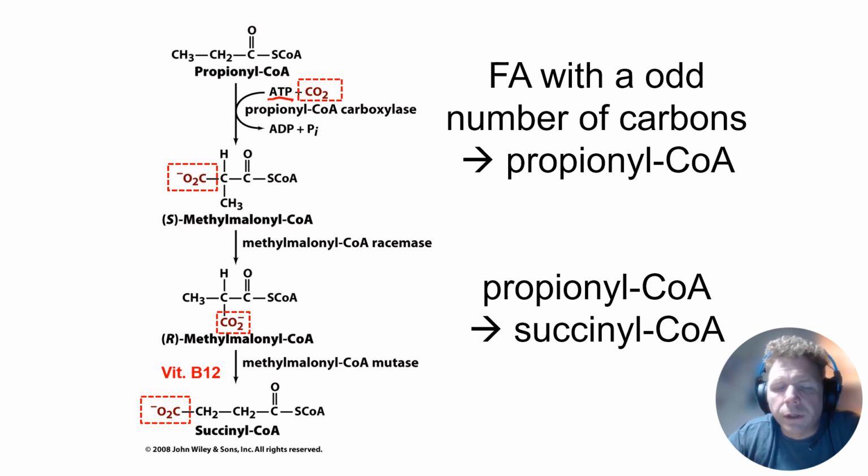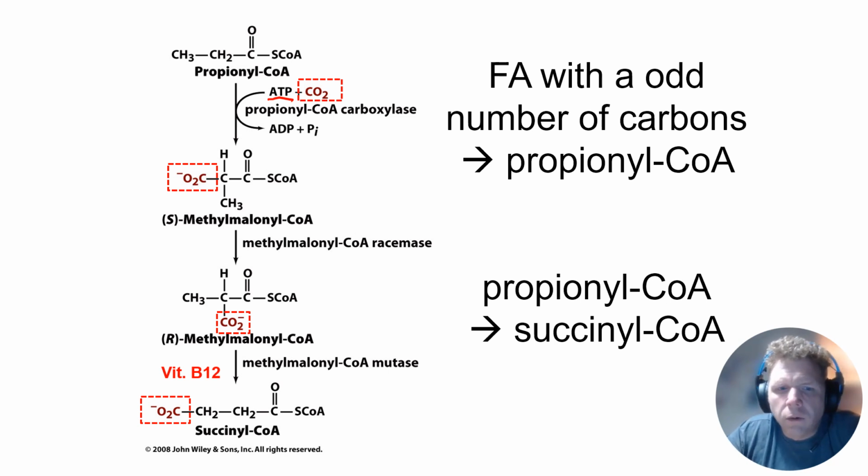So we're going to use the hydrolysis of ATP to drive the addition of this CO2 onto propionyl-CoA to make S-methylmalonyl-CoA. So this is a 4 carbon molecule. It's not a 4 carbon straight chain, but it's 4 carbons nonetheless.